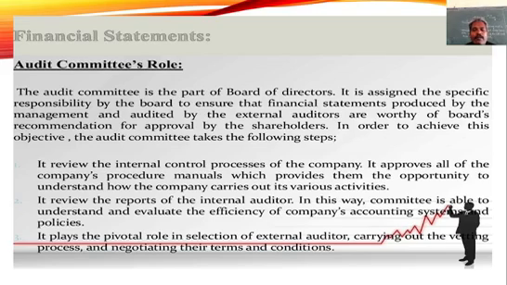It reviews the reports of the internal auditor. In this way, the committee is able to understand and evaluate the efficiency of the company's accounting system and policies. So it is helpful for reviewing the internal auditor's report, and only then will they decide which policies or systems are to be followed.